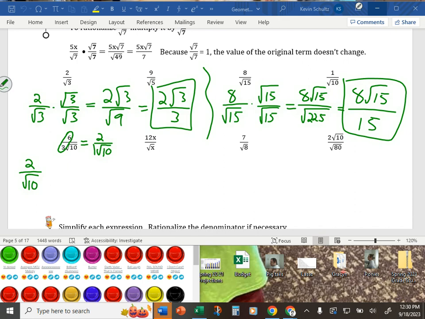Wait, if you have two roots, you add them, right? No, you multiply them. Wait, so you divide them? If you multiply a root by a root, they are multiplied. Give me an example. Like, I have a root 10 and I have a root 90.